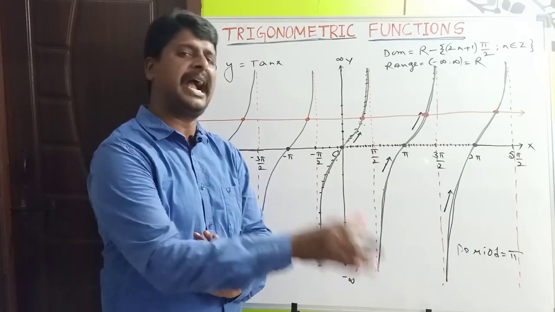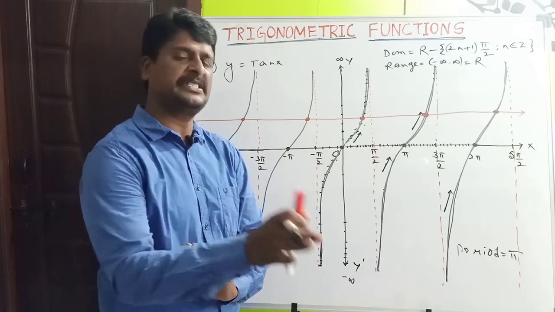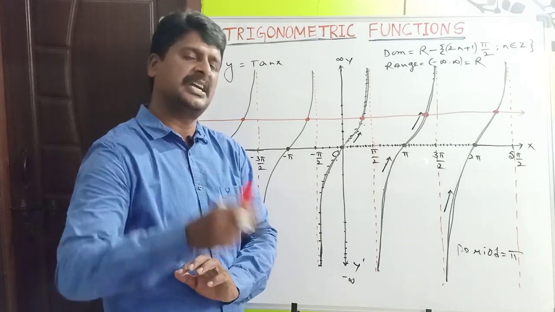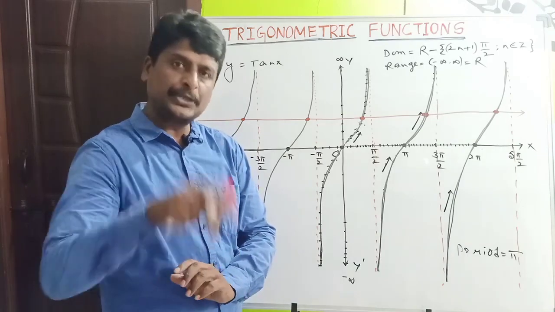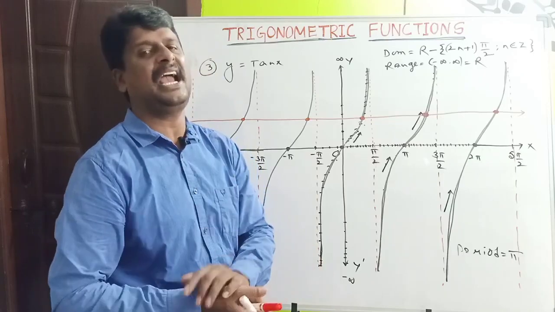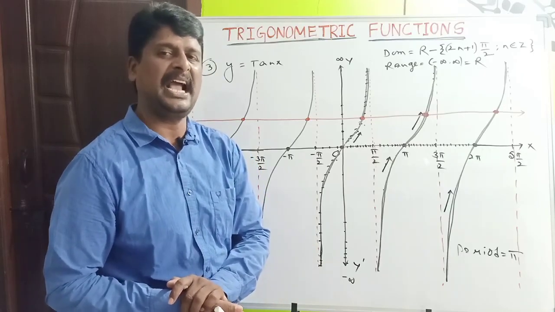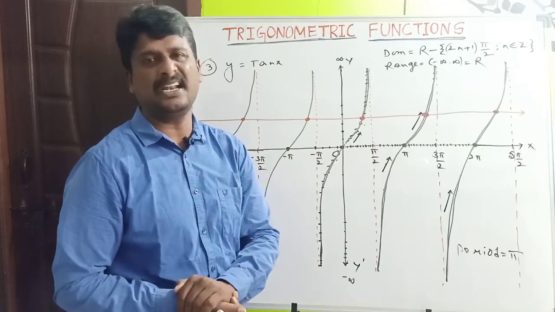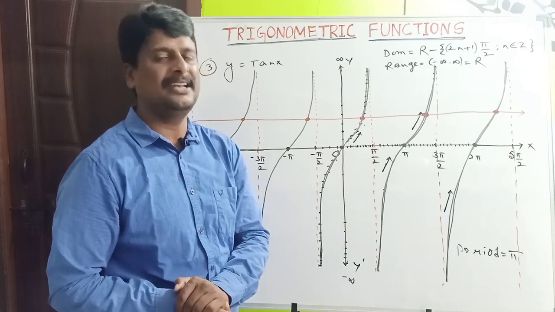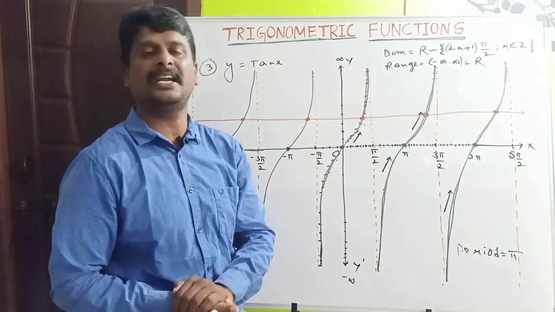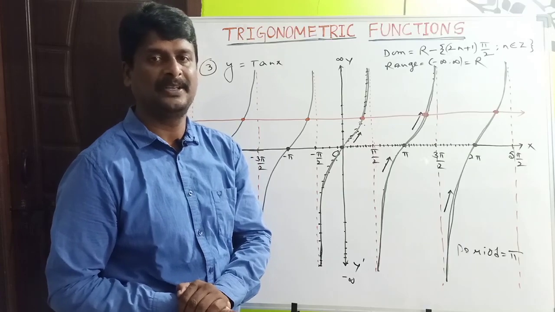Simply pi is added to 30 degrees: 180 degrees plus 30 degrees, 210 degrees, will also give 1 by root 3. For 210 degrees, again 180 is added, and we get 390 degrees. It goes to the first quadrant. Again tan of 390 degrees is also equal to 1 by root 3.